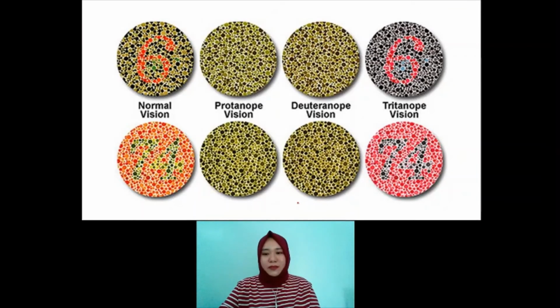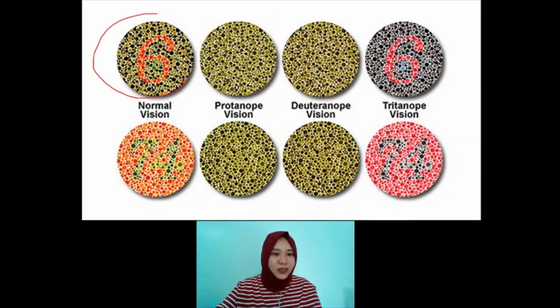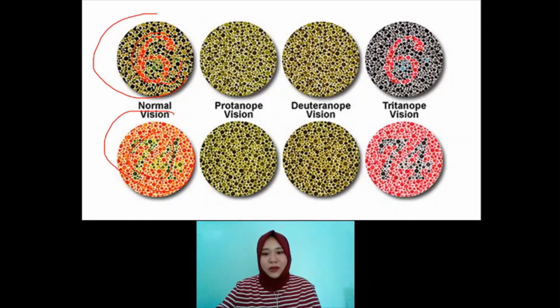Okay? So, here, we go back to that Ishihara test. If you have a normal vision, this is how you see the colors. You would see number 6 and you would see 74. But if you have a protanope vision, or deuteranope vision, you won't be able to see the number at all. If you have a tritanope vision, you can see the number, but you don't see the colors the same way normal people would.